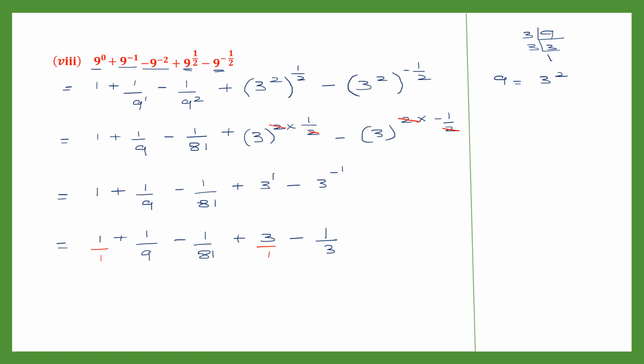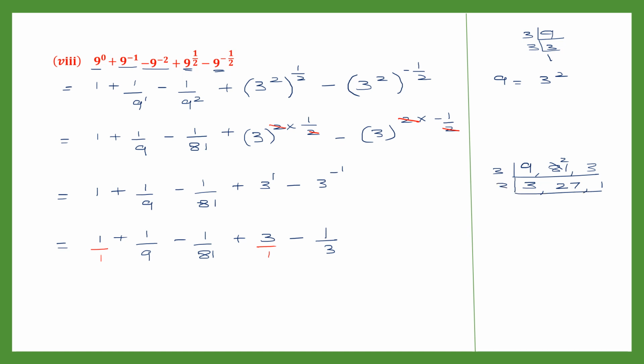So now we have to find the LCM. So let's find the LCM of these numbers. Now 1, 9, 81, 1 and 3. So we take only these, that is 9, 81 and 3. So let's find the LCM using 3. 3 3s are 9, then 3 2s are 6, there's 2 left, 21, 3 7s are 21, 3 1s are 3.